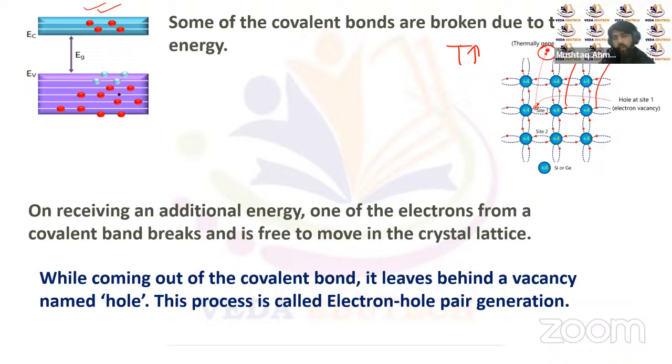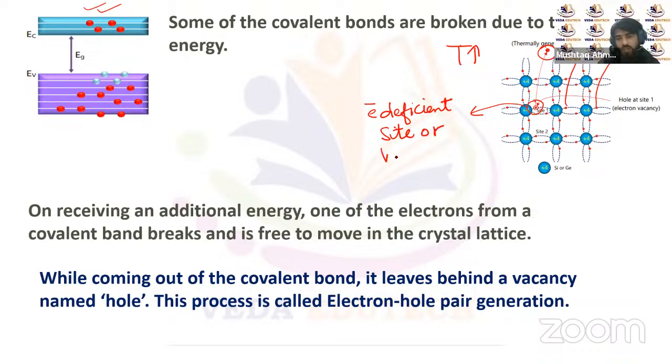Now you can see here, once the electron leaves its site within the crystal, it goes into the conduction band and is available for conduction, but it leaves behind an electron deficient site. This site has been left, and it is an electron deficient site, or vacancy.